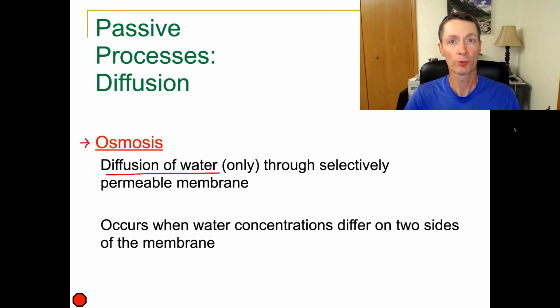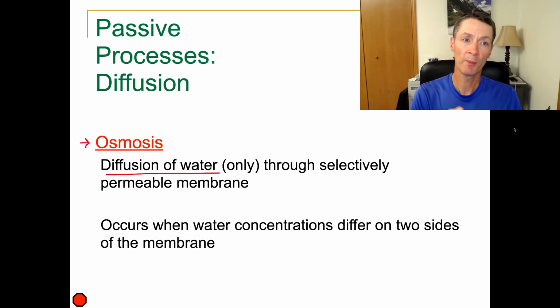And again, this would occur from high to low. So wherever there's more water, it'll move to where there's less water. It doesn't have to move the same direction as other dissolved items. Okay, it could move in a completely different direction than sodium might or chloride might, but it's always going to move, if it's passive, from a high to a low position.